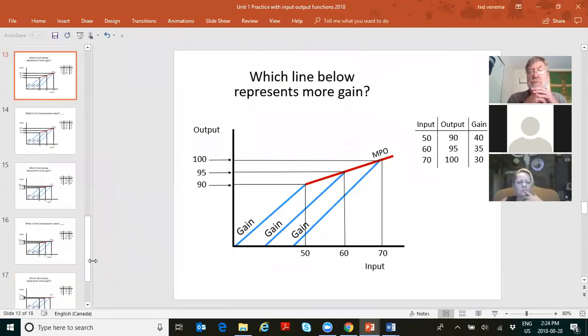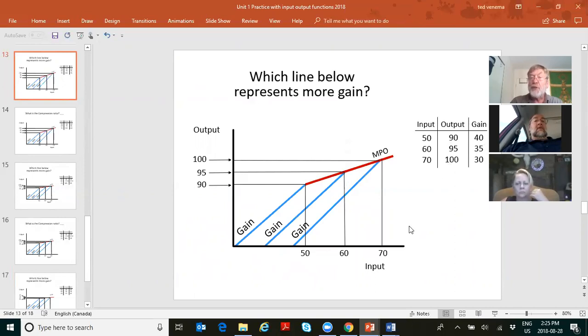Here, look, I have a picture. Okay? 50 input, 60 input, 70 input, okay? If my output for a 50 input was 90, my gain was 40. If my output for a 60 input was 95, my gain was 35.